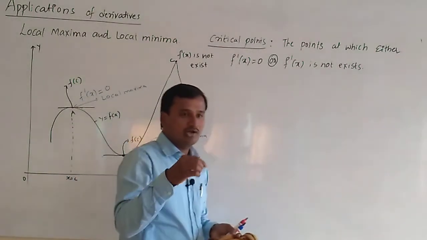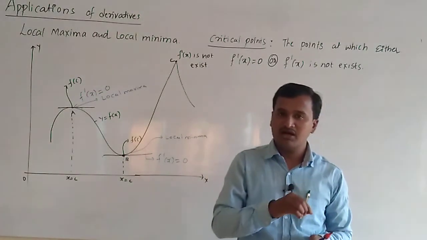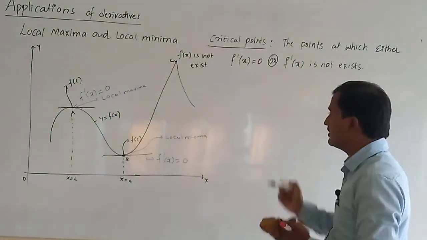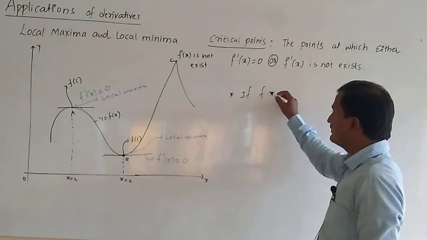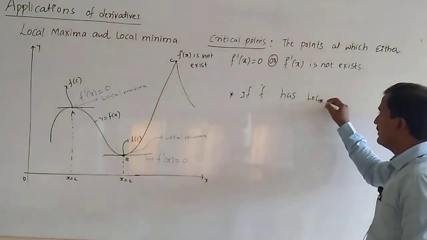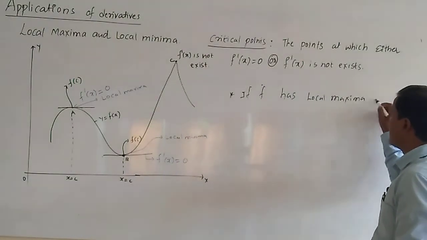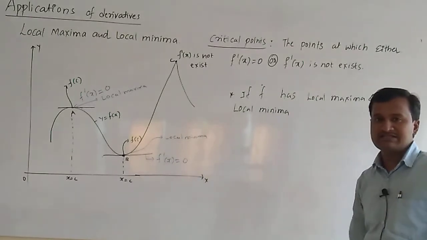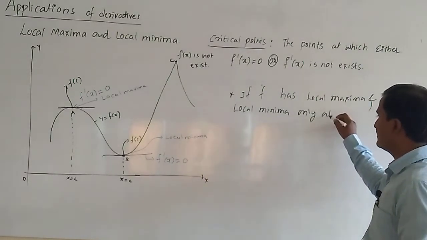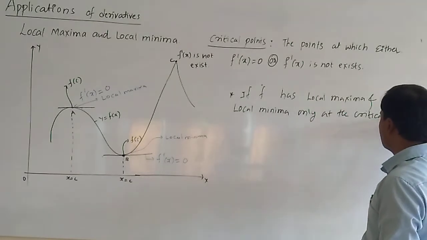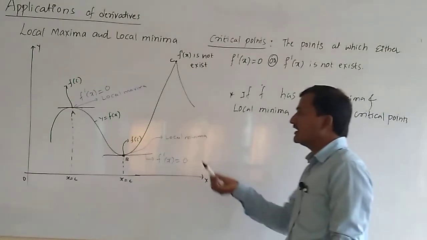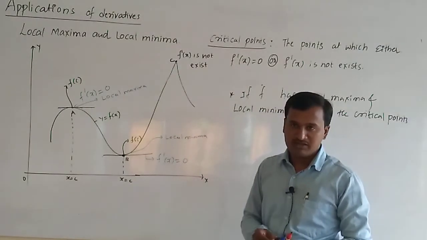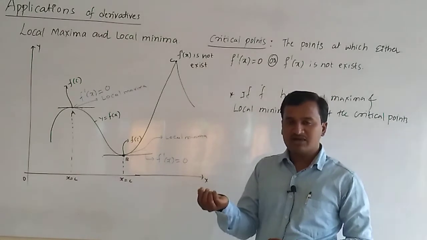So if f has local maxima and local minima, it is only at the critical points. Therefore, you should remember one more point: if f has local maxima and local minima, they occur only at the critical points.